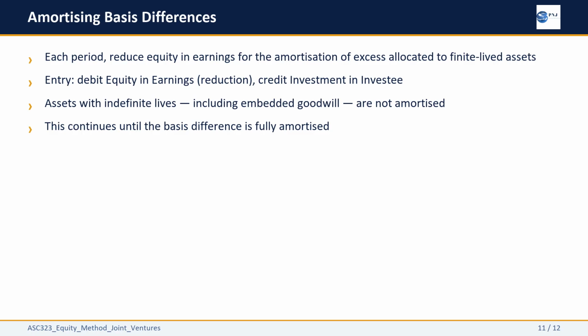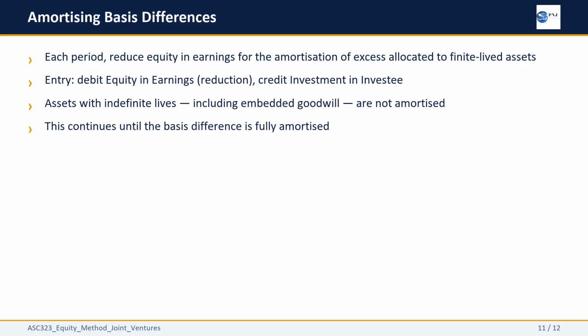The last regular adjustment to the investment account is the amortization of basis differences. If you allocated your excess purchase price to, say, the investee proprietary technology with a 10-year life, you amortize that allocation over 10 years by reducing your equity in earnings each period and crediting the investment account.